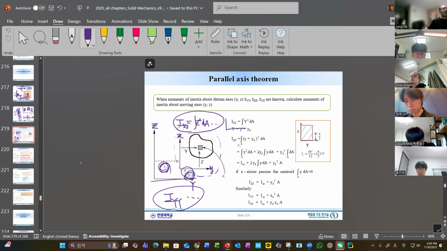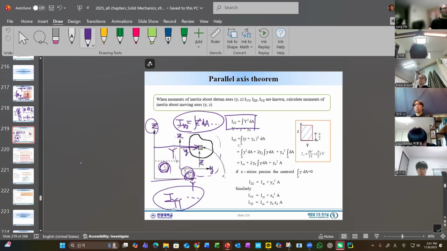So by definition, IZZ is from here to there, this is the y, sorry, it needs a little bit of correction like this, and small z.